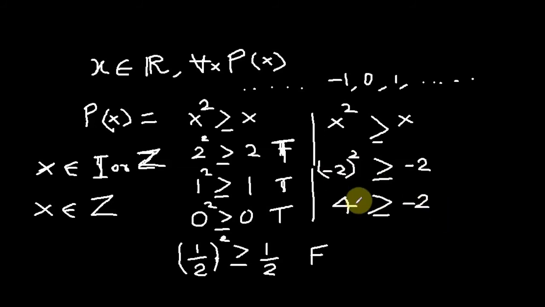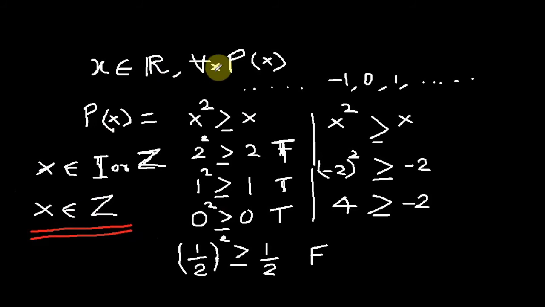Okay, so it works for a positive number, it works for a negative number, it doesn't work for the fractions and some kinds of numbers. So we must fix the domain, limit the domain to integers.